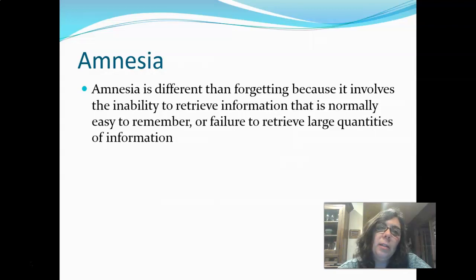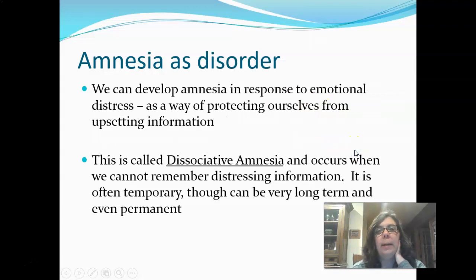I do want to talk some about amnesia, and you have a video you're going to watch that I'll talk about in just a moment. But amnesia is different than forgetting because it is not expected. It's a failure of retrieval or a failure of storage that falls outside of what we normally experience. And typically we see amnesia as a disorder.